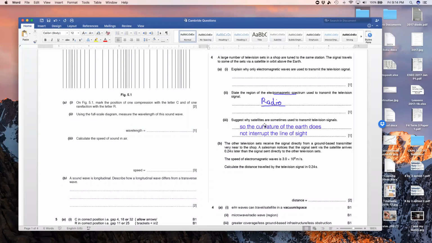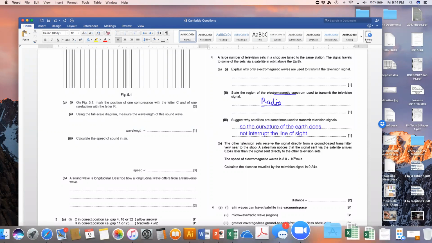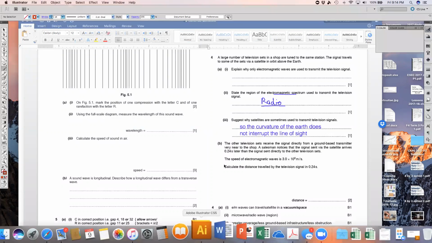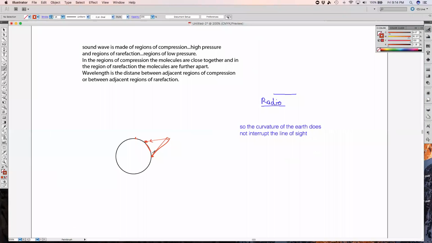That's why we use a satellite. Again, as I just illustrated, the curvature of the Earth from Trinidad to Canada will get in the way. Well, you can make it worse. You can think of Trinidad sending it somewhere in Greenland. There's no straight line from here to Greenland because the Earth itself will get in the way. So you have to send it to a satellite which will then beam it across. That's clear.